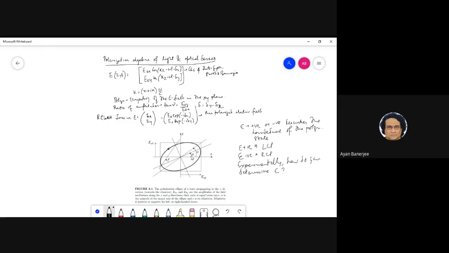So think of it, if I have a quarter wave plate with its slow axis, basically the slow axis means the extraordinary axis.